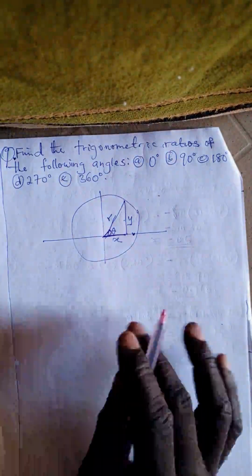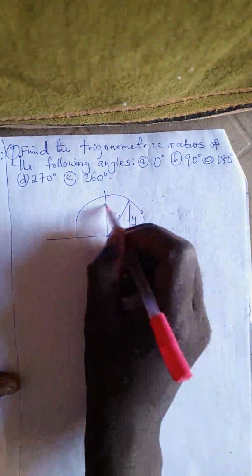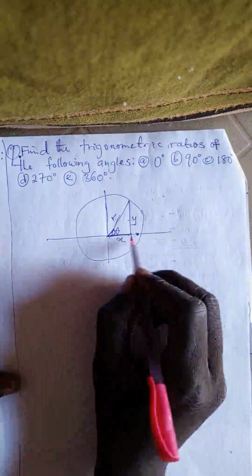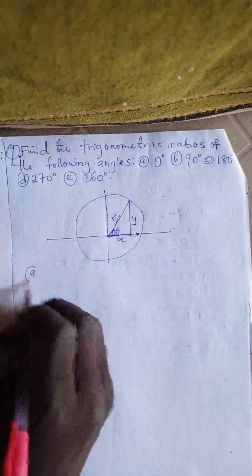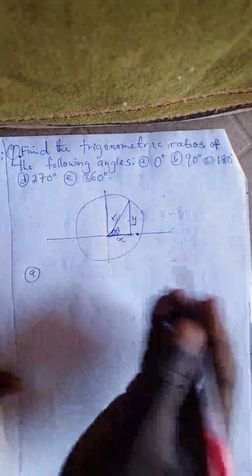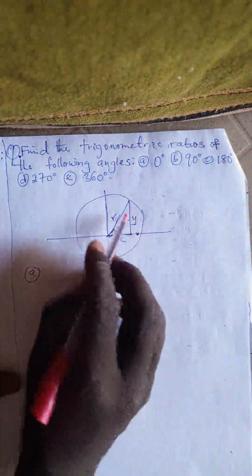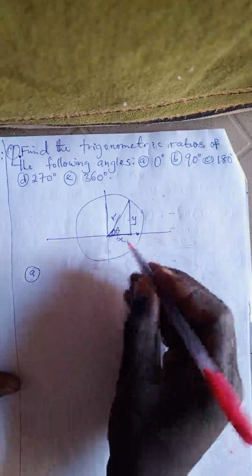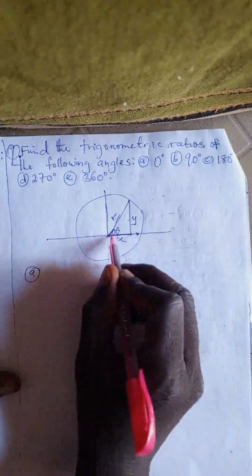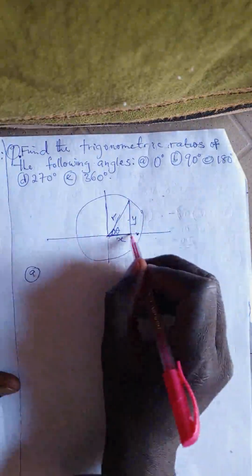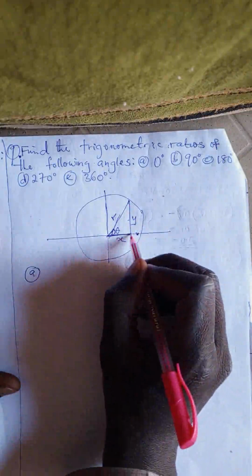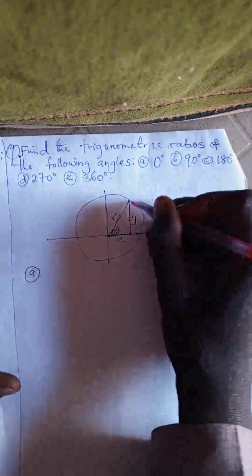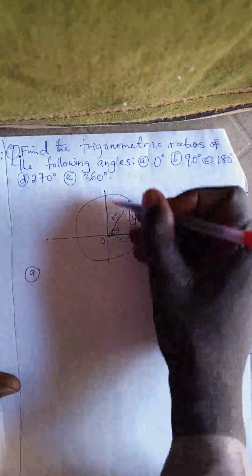Now, looking at this diagram, if theta is equal to 0 degrees, that is for A, this R will compress. When theta is equal to 0 degrees, R will compress and lie on the x-axis, and therefore y will compress and tend to 0, because here is 0.